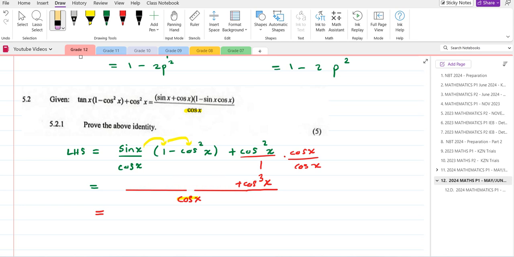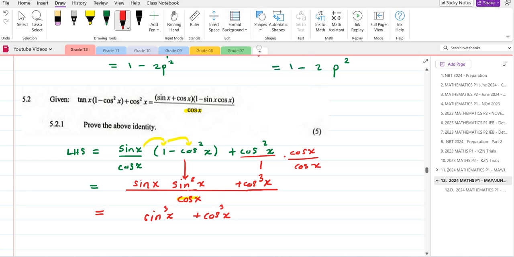Alright. So let's change this one now. This is sine x, and 1 minus cos squared is sine squared x. It's an identity, right? So what we got is sine cubed x plus cos cubed x.